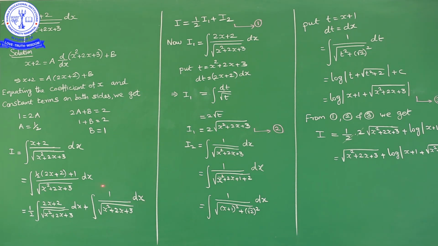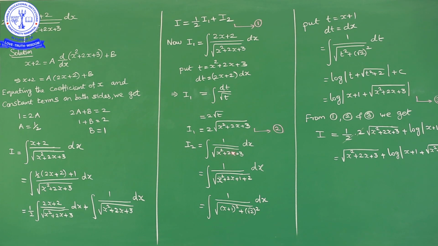Now what is I2? I2 is integral of 1 upon square root of x square plus 2x plus 3 dx. Whenever you have a constant in the numerator and the square root of a quadratic in the denominator, try to write the denominator part as a sum of squares or difference of squares.